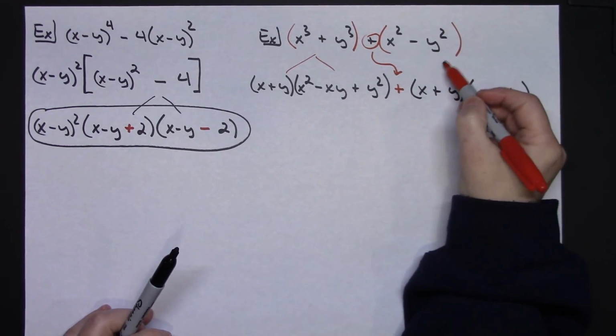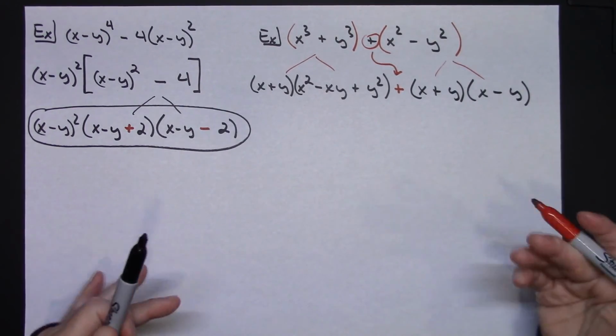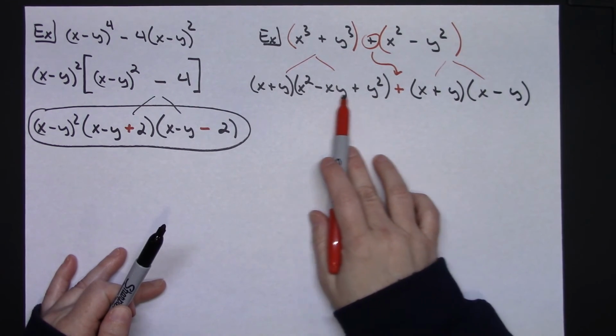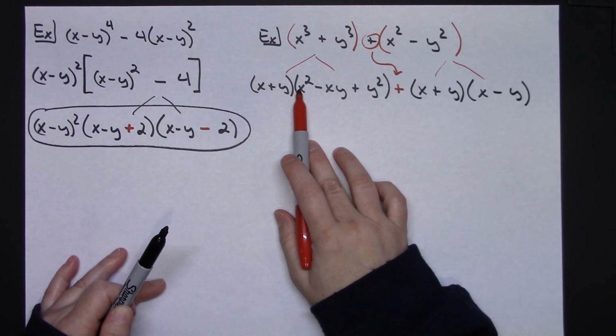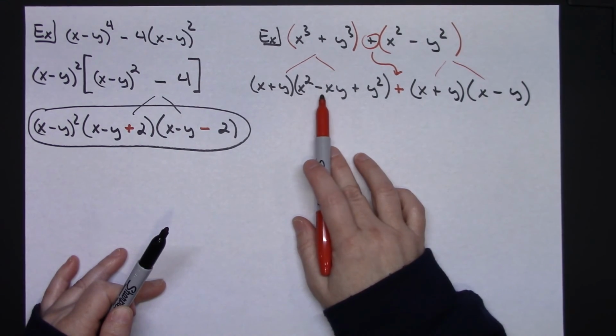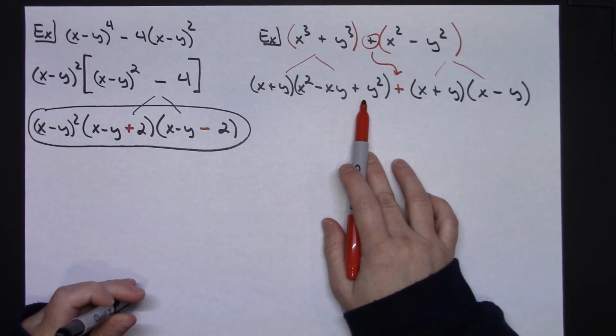Now here again, you don't want to just stop right there. You want to keep looking at everything that you've got. This is a trinomial, and you could play around with that and see what you could come up with. I'm not going to be able to get a negative xy in the middle if I try to do that as a trinomial.